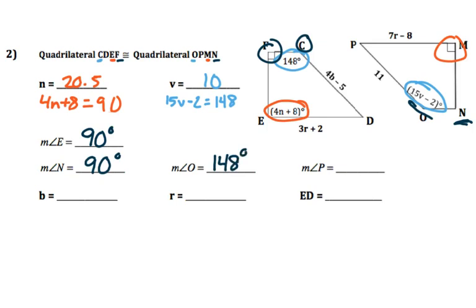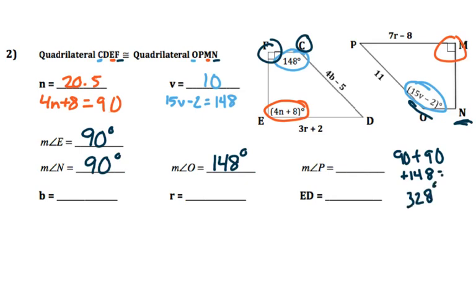Now, the measure of angle P is a little bit different because we don't know that one. We don't know D or P, because those are congruent angles, but we do know that if we take the 90 and add the other 90, these are for angles E and F, and then C we know is 148, so if we add those all up, that would be 328 degrees.